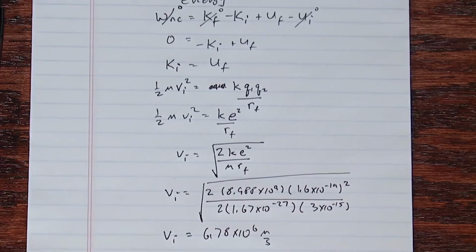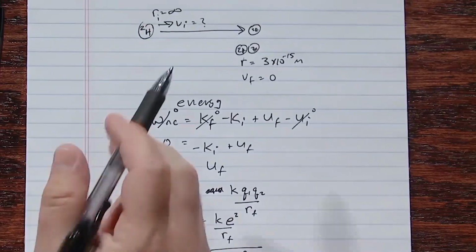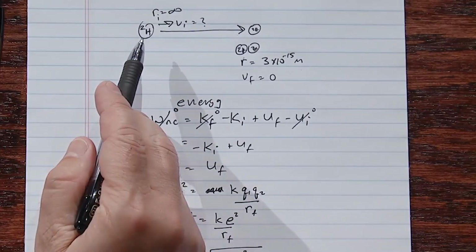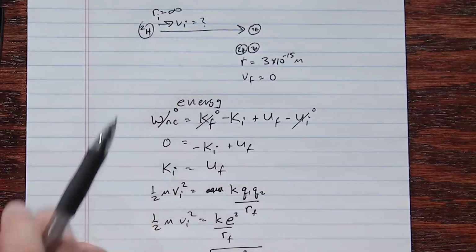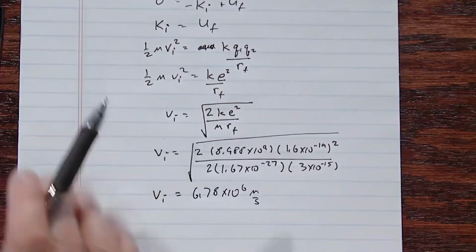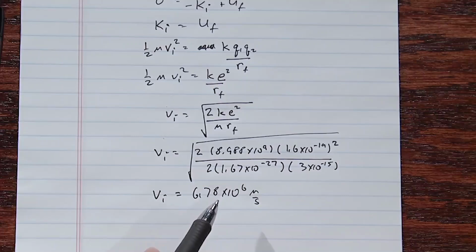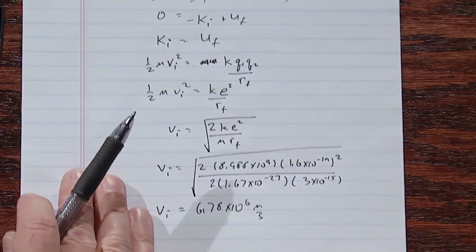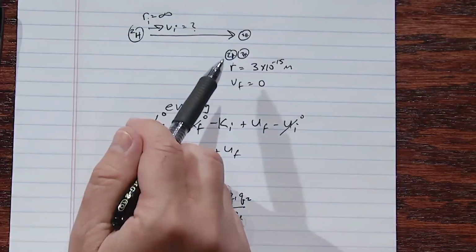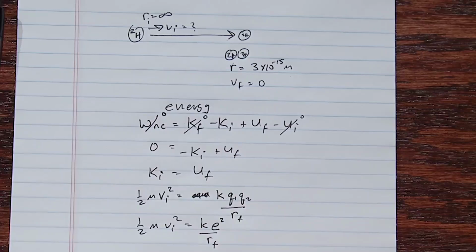So this deuterium nucleus, or this hydrogen-2 nucleus, has to be moving at 6.78 times 10 to the 6 meters per second in order to get close enough to the other deuterium nucleus for the strong nuclear force to take over, so that those two nuclei will fuse into helium-4.